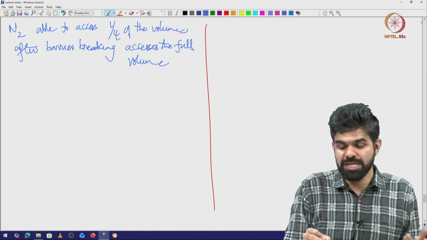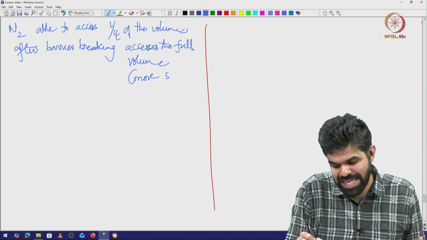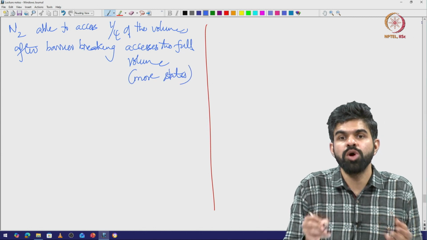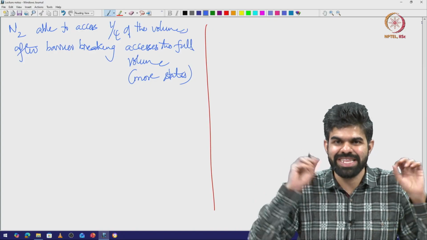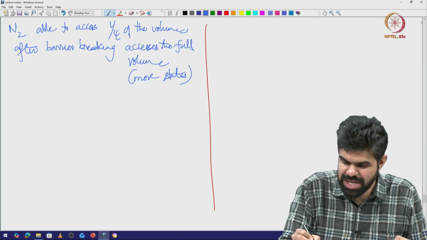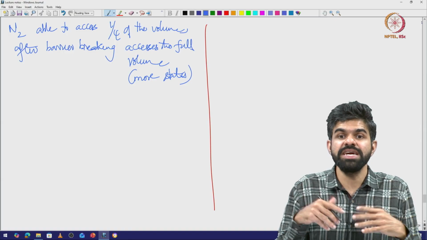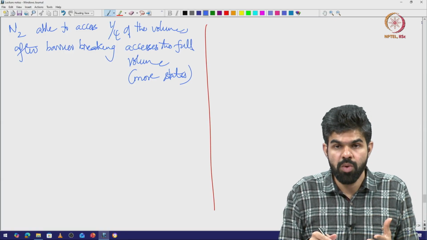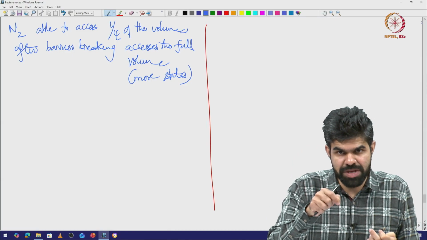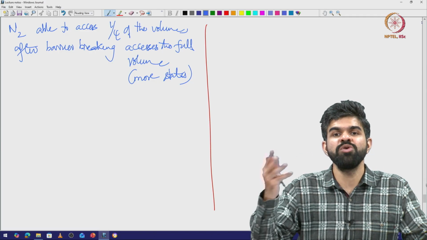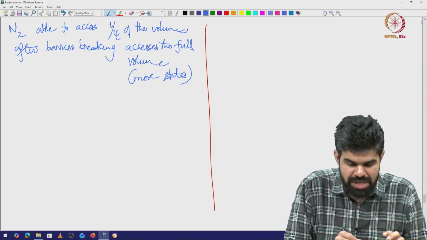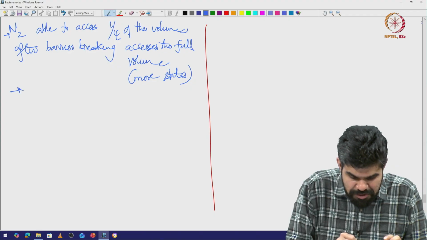Or in some sense, more states, more spatial states in that sense. So, the number of states that nitrogen is occupying now, after I remove this, is 4 times more than the number of states that nitrogen was occupying before.